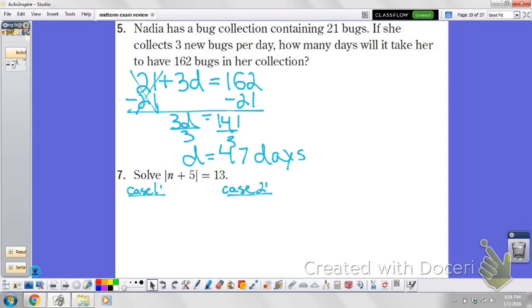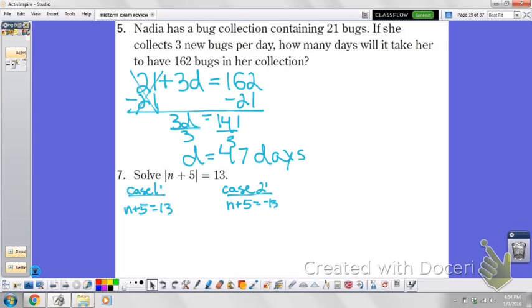The first being n plus 5 equals 13, because when we take the absolute value of 13, it'll give us 13. And the second case being n plus 5 equals negative 13, because when we take the absolute value of negative 13, we also get 13. So we need to solve each of these equations, and they will both be part of my solution.